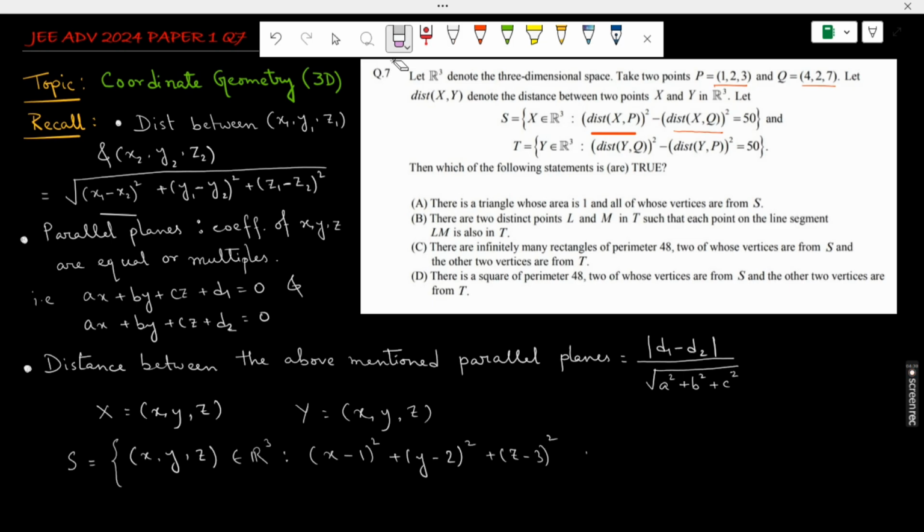This is the first part, that means the distance between X and P. Then minus, in brackets, (x minus 4) squared plus (y minus 2) squared plus (z minus 7) squared is equal to 50.